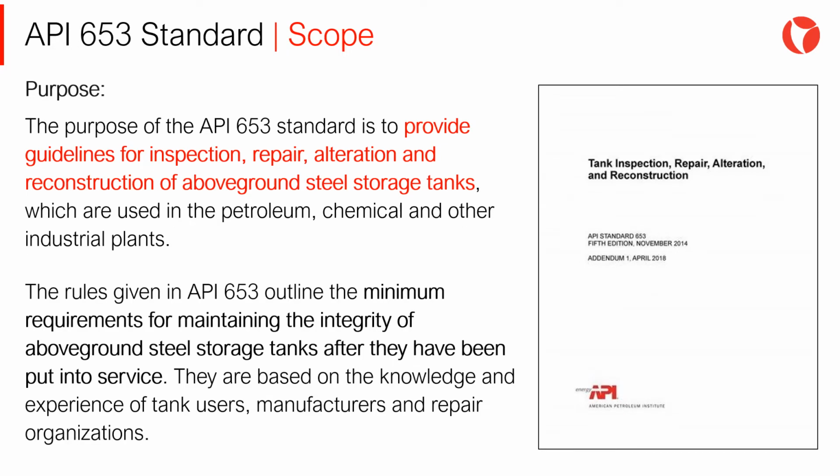The rules given in this standard outline the minimum requirements for maintaining the integrity of above-ground steel storage tanks after they have been put into service. They are based on the knowledge and experience of tank users, manufacturers, and repair organizations.